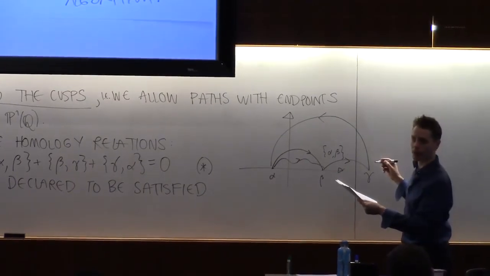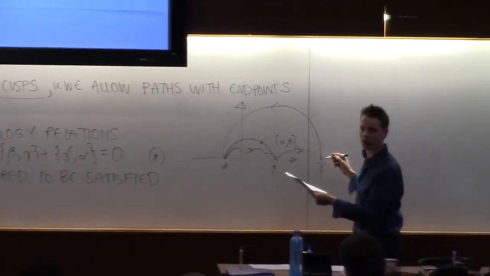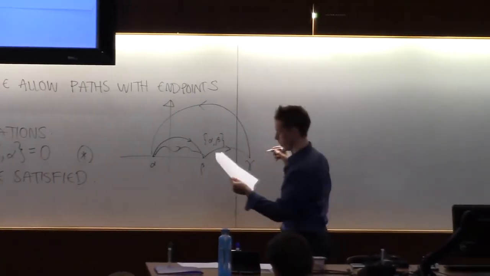Is that okay? Rather than an abelian group, it'll be easier with keeping track of ranks, and then we don't have to throw out torsion, which everyone always does. Okay?